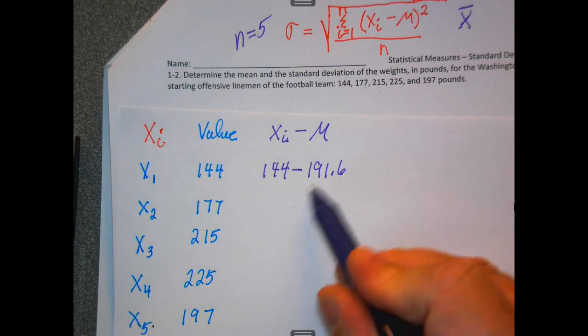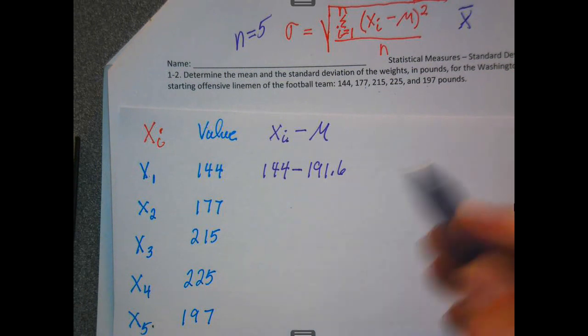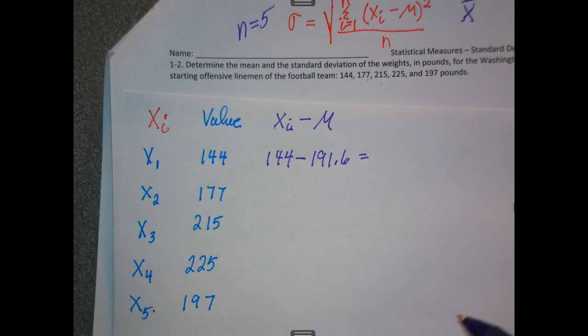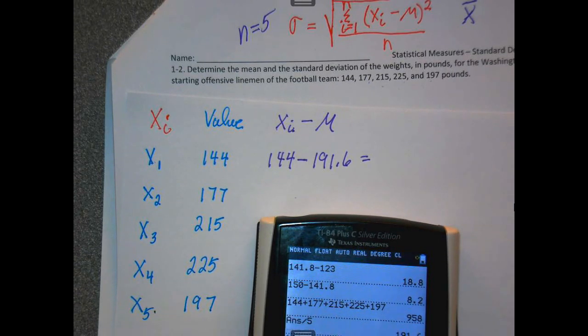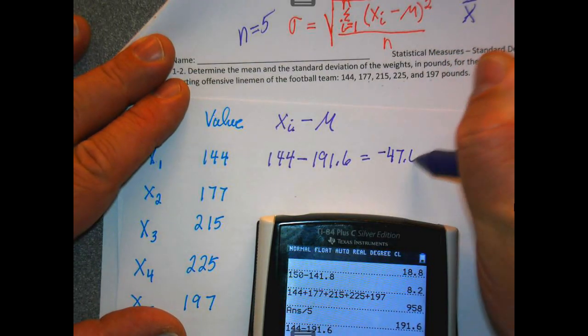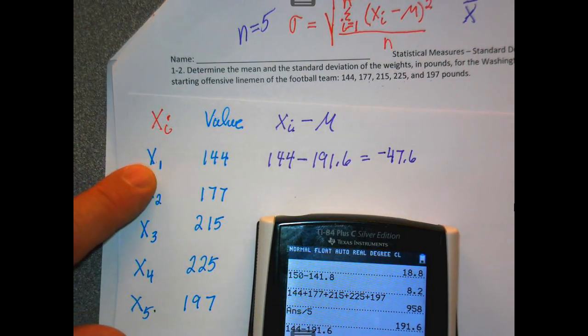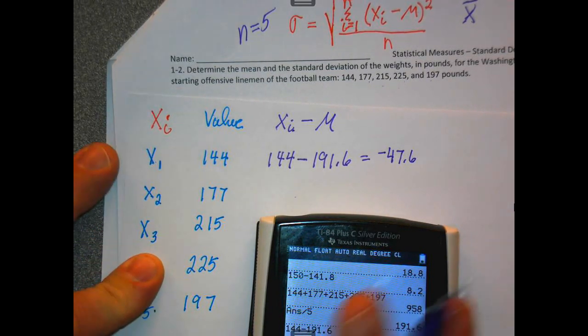So every one of these we're going to have to do minus 191.6. And that equals negative 47.6. So we're going to do that for each x. This is when i equals 1. This is i equals 2. i equals 3.